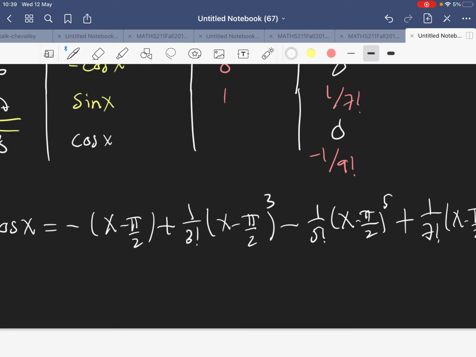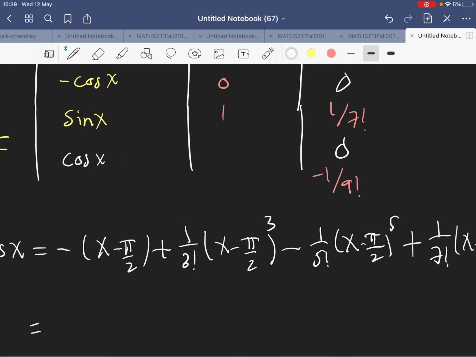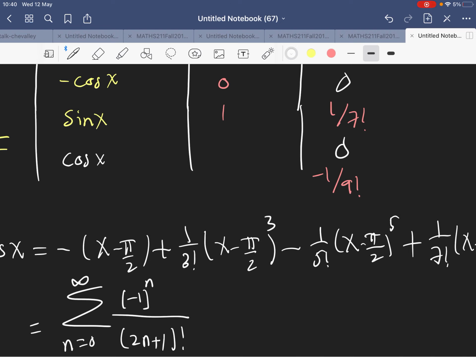So if we put everything together, this is for the alternating sign. We have odd factorial, and we remember we said odd is 2n plus 1, and then we have x minus pi over 2 to the power of the odd number.